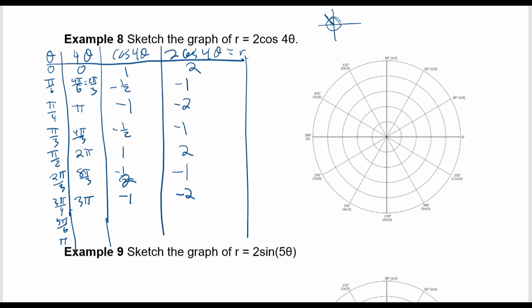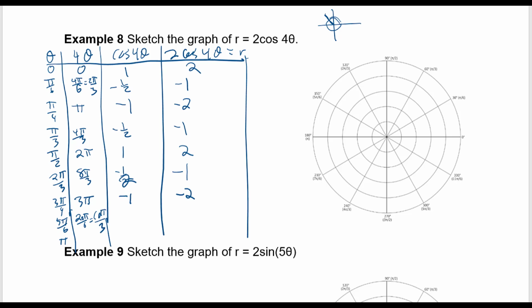For 5 pi over 6, that's going to be 20 pi over 6, but that can be reduced to be 10 pi over 3, not 10 pi over 6.